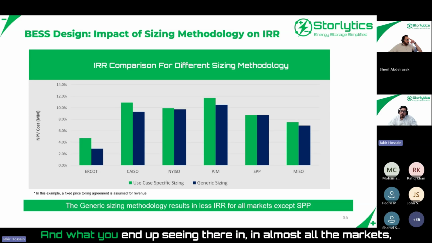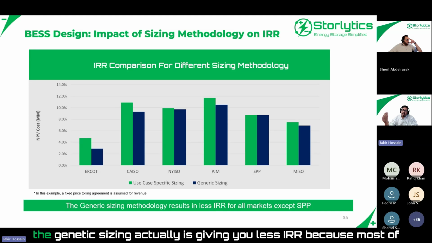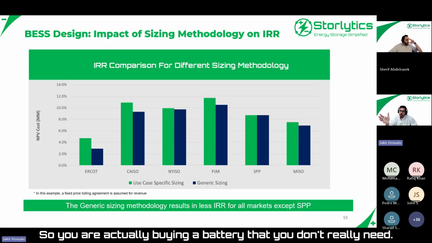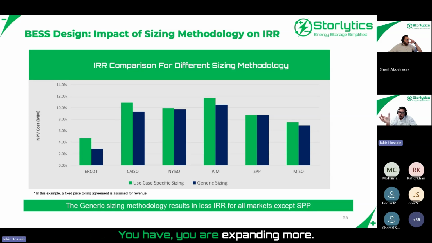And what you end up seeing in almost all the markets is that the generic sizing is giving you less IRR, because in most of those markets the battery is not actually doing 1 cycle a day. So you are actually buying a battery that you don't really need. You're expending more, and in that process, your cost is elevated, and that's causing you to get less IRR.